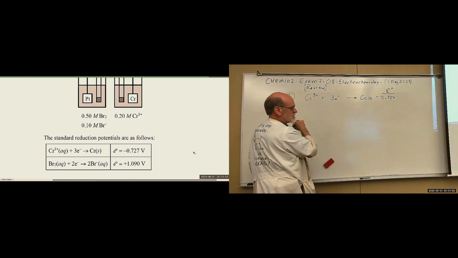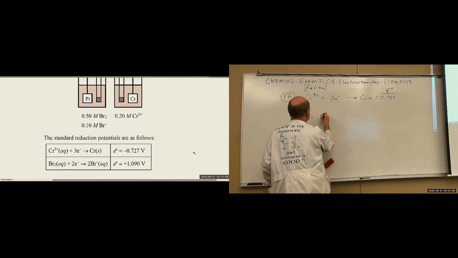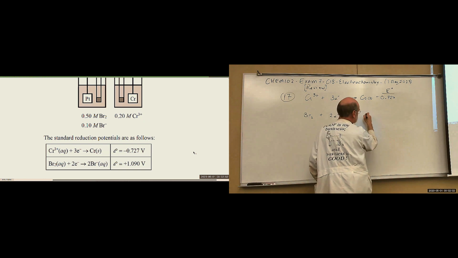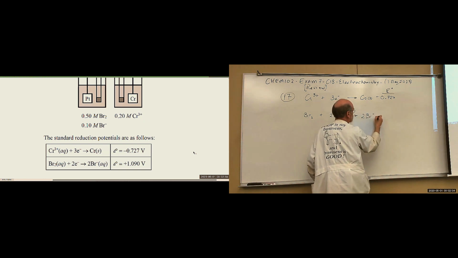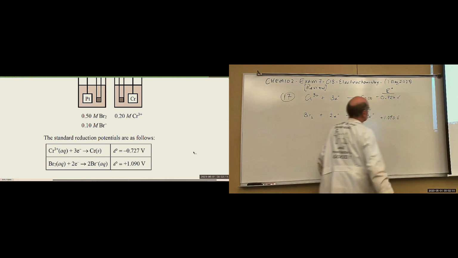And then the bromine plus 2 electrons yields 2 Br-, and its standard potential is +1.090 volts.